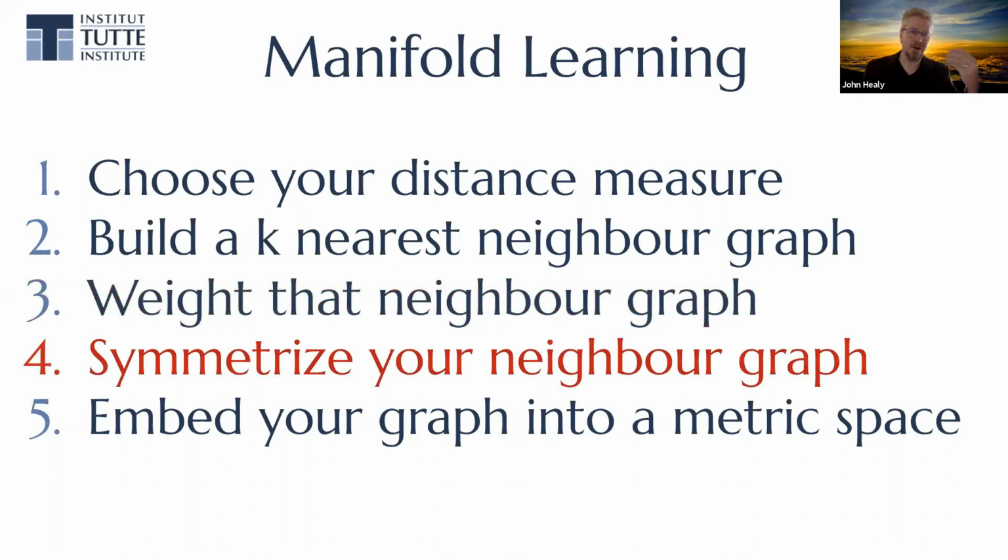Now, you're going to symmetrize that neighborhood graph. And here's the key. Neighbor graphs are non-symmetric. Everyone might feel that Ryan Reynolds is their best friend, but that doesn't make them Ryan Reynolds' best friend. So you have a non-symmetric relationship in any of these nearest neighbor graphs based on your local neighborhood. Embedding our graph into a metric space requires some notion of symmetrization.